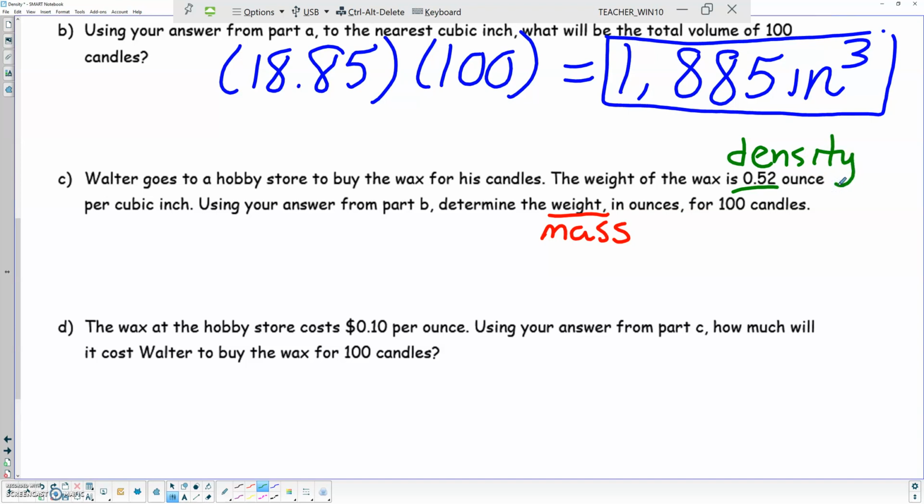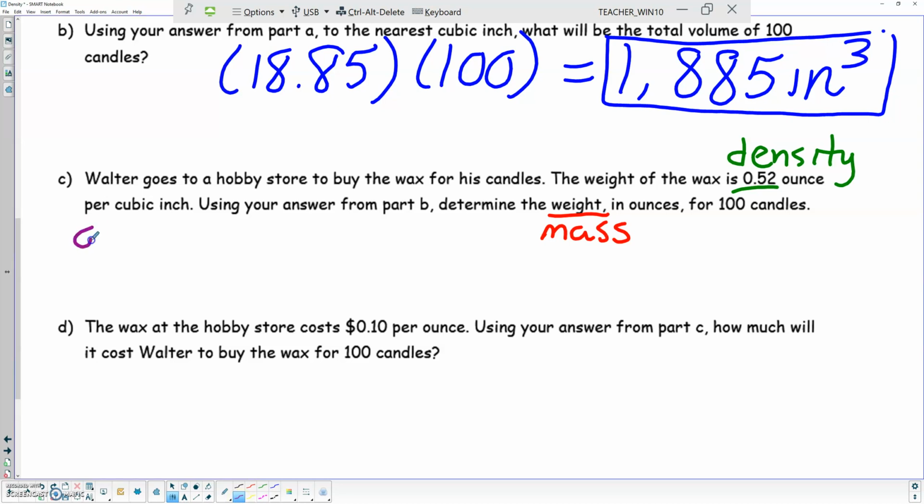All right, because again, density is always mass, so mass is measured in ounces here, per unit volume. Here, volume is measured in cubic inches. So we know this number right here represents our density.